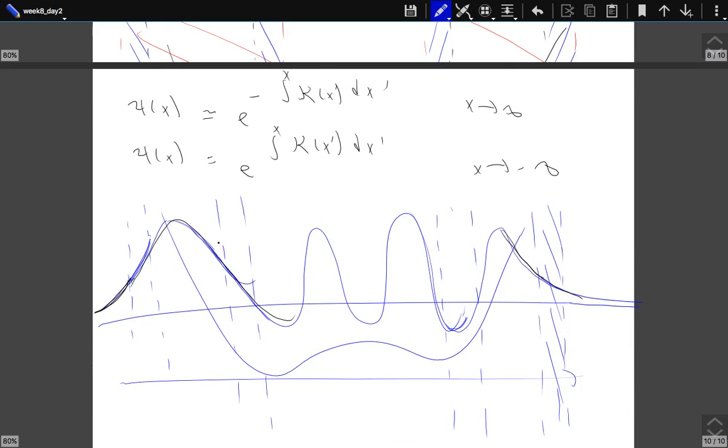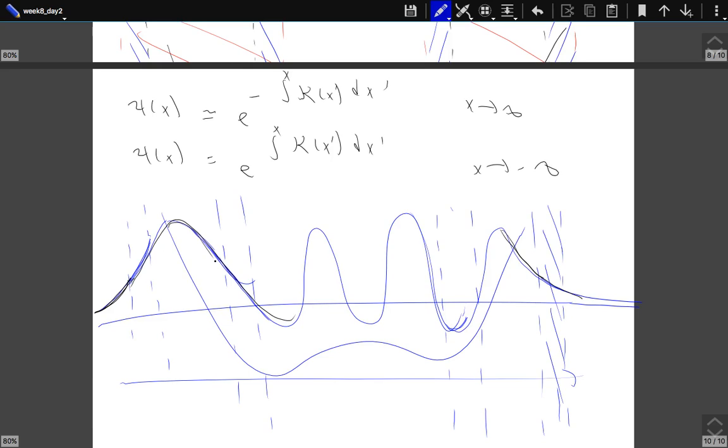Or you can look at it the other way around. This matching condition. You see, my particle starts from here. If you just follow the wave function, classically speaking, it goes to the other turning point and comes back to the initial turning point. The wave function should be the same. Because classically speaking, there's no problem. The particle should have the same momentum. The wave function should be the same in quantum mechanics.